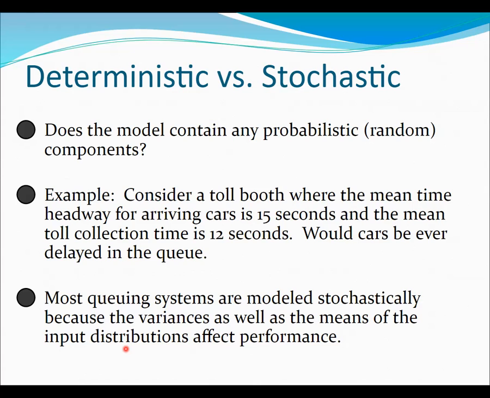These are averages. If you have a completely deterministic system, then you will say a car arrives every 15 seconds and that's it. But we typically don't have that. In reality, most of our systems are stochastic in nature.